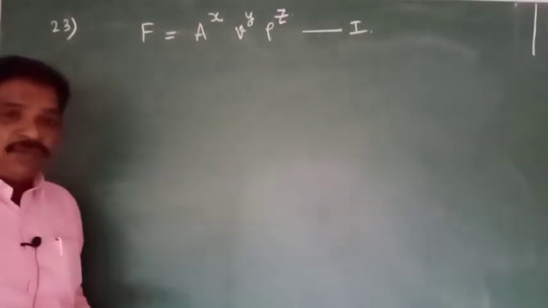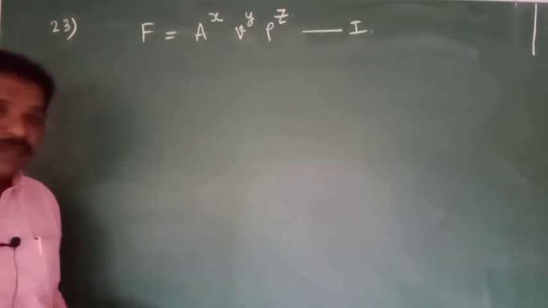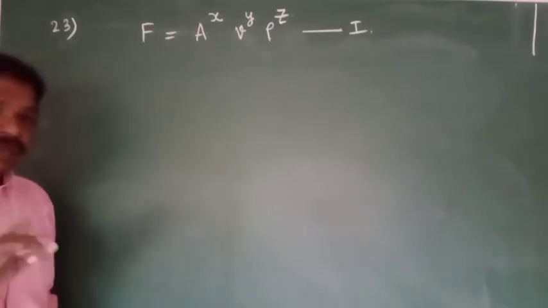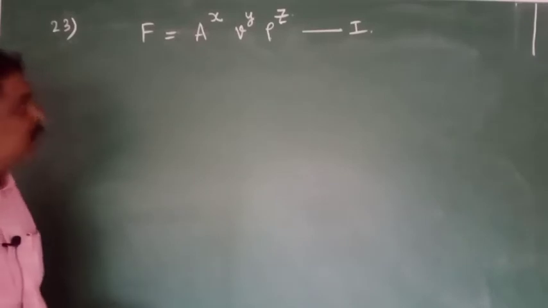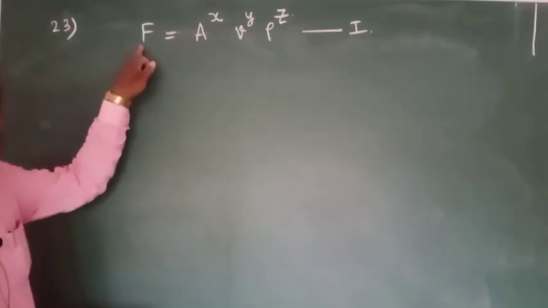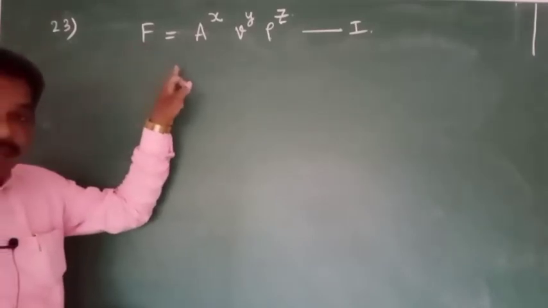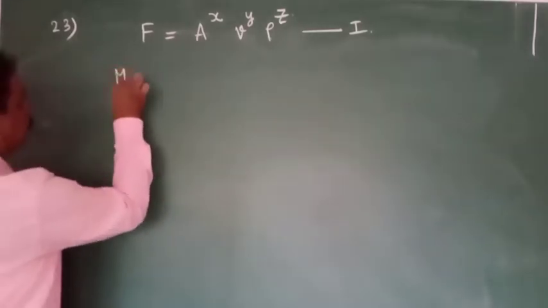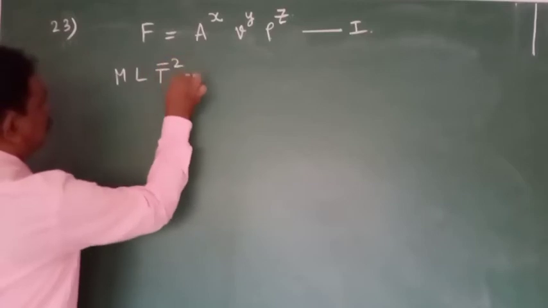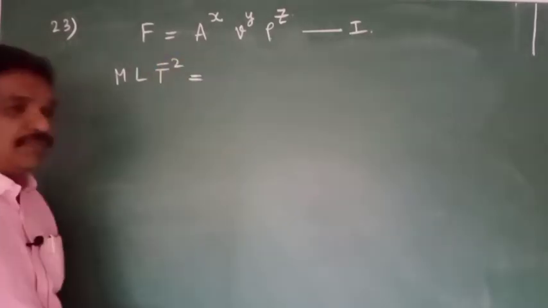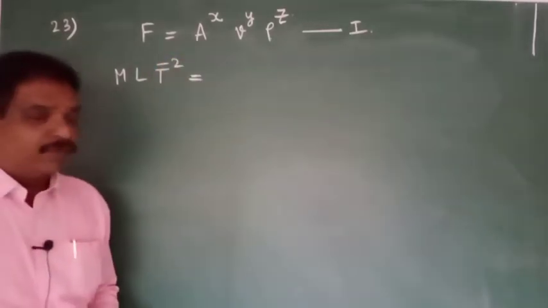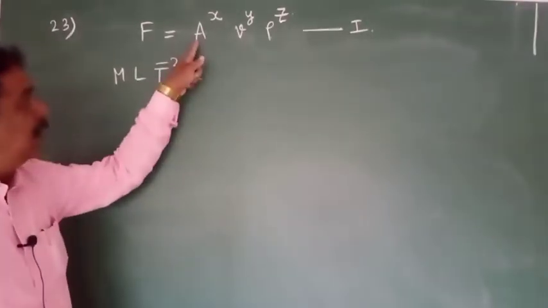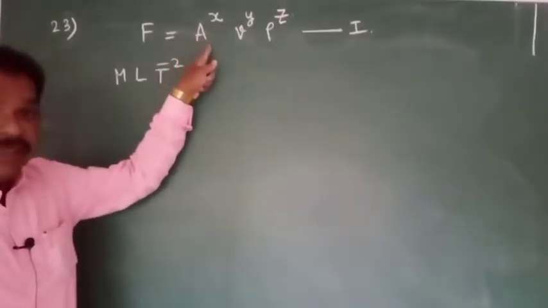First what we have to do is write the dimensional formula of the quantities on both sides. This side, what is there? Force. What is the dimensional formula for force? M L T power minus 2. That is the dimensional formula for force. Here A is area.